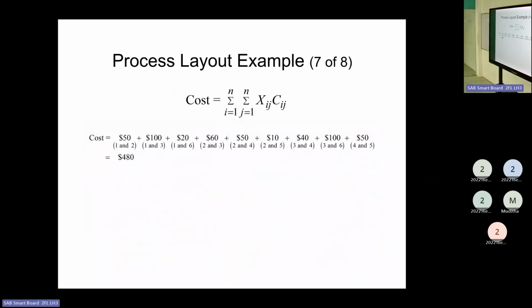So likewise, we will go a few more iterative steps and try to reallocate the departments in such a way as to minimize non-adjacent loads to 0 and keep the total material handling cost low. This is a simple example.